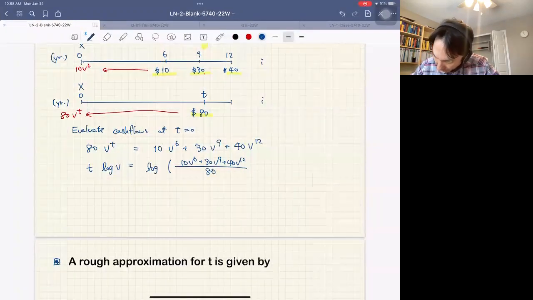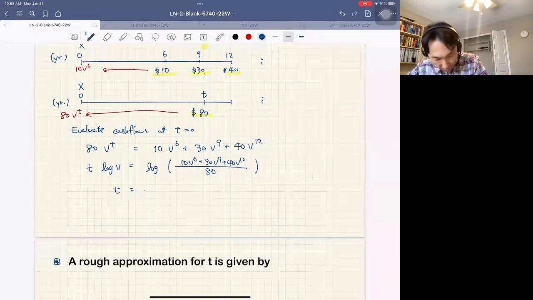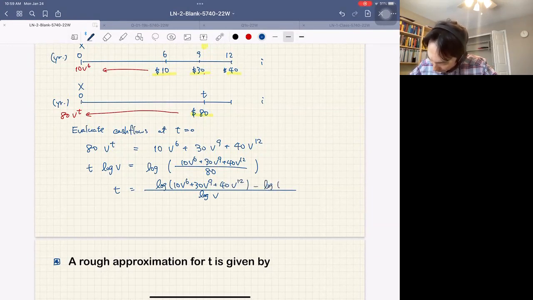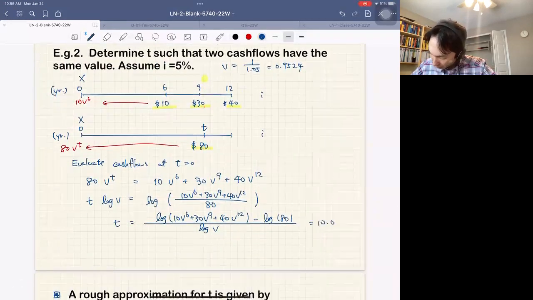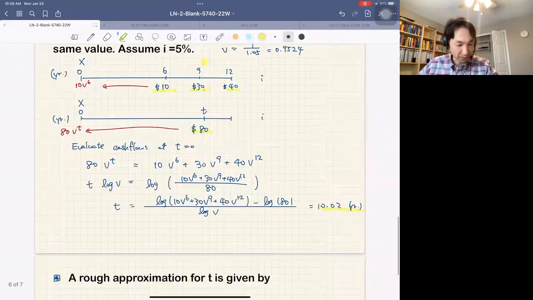Then T is equal to log of V in the denominator, and the log of 10 V6 plus 30 V9 plus 40 V12, minus log of 80. So this becomes actually 10.02 years. So about 10 years. That sounds reasonable.